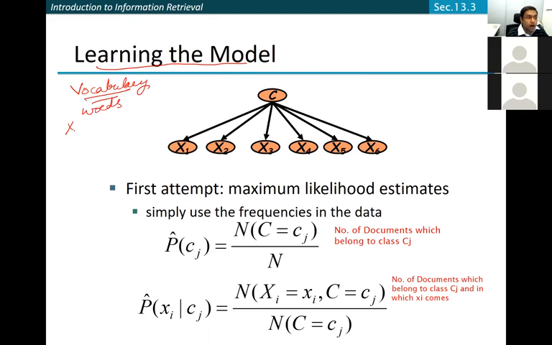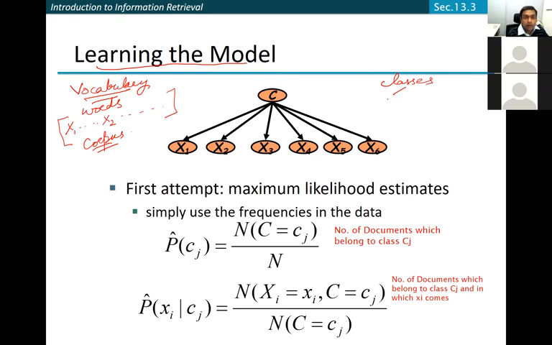So all the words which you want to recognize in a particular document, you already have a corpus of that. And another thing is the number of classes that you want to recognize.